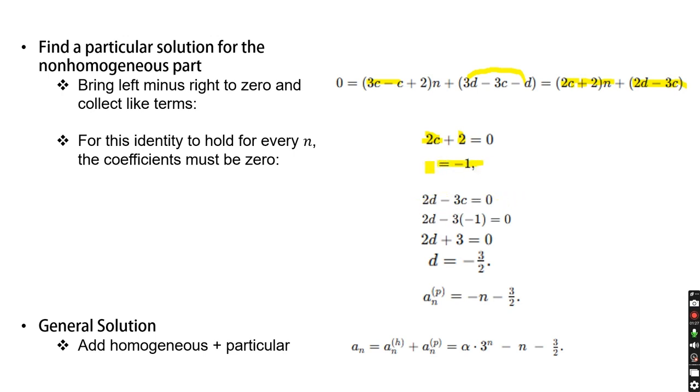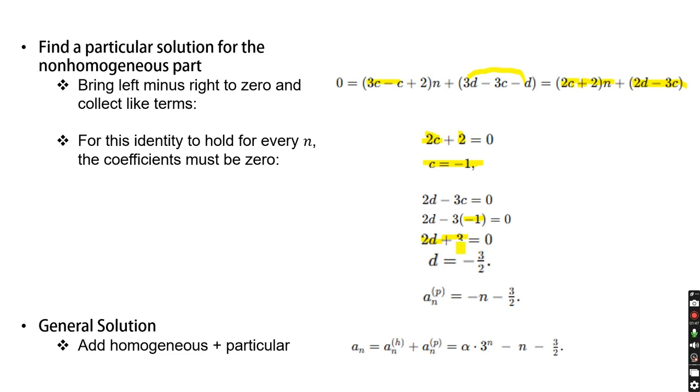Then we substitute the value of C. We have 2D minus 3 times negative 1 is equal to 0, so 2D plus 3 is equal to 0.